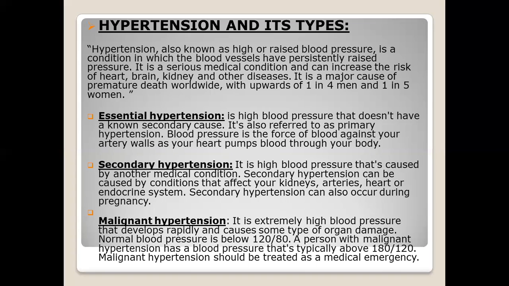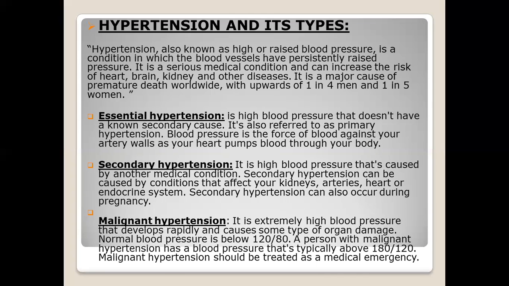There are three major types of hypertension. One is essential hypertension, another is secondary hypertension, and the other is malignant hypertension. Essential hypertension has no particular cause. Secondary hypertension is hypertension which is caused by some medical condition.